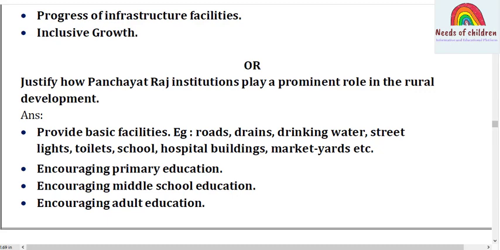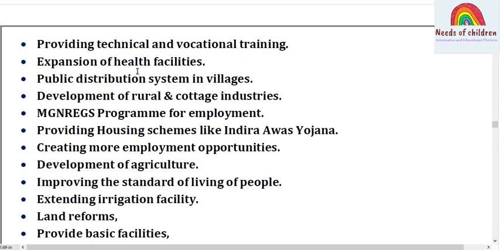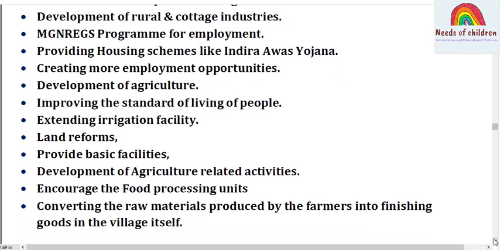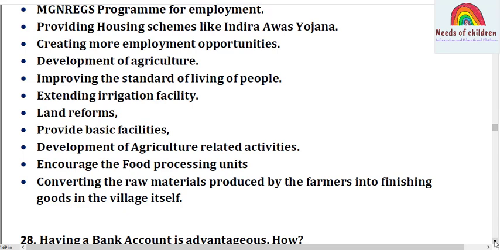Encouraging primary education, middle school education, adult education, providing technical and vocational training, expansion of health facilities, public distribution system in villages, development of rural and cottage industries, MGNREGS, that means Mahatma Gandhi National Rural Employment Guarantee Scheme, a program for unemployment, providing housing schemes like Indira Awas Yojana, Ambedkar Awas Yojana, etc. Creating more employment opportunities, development of agriculture, improving standard of living, extending irrigation facility, land reforms, development of agriculture related activities, encouraging food processing units, converting the raw materials produced by the farmers into finished goods in the village itself.